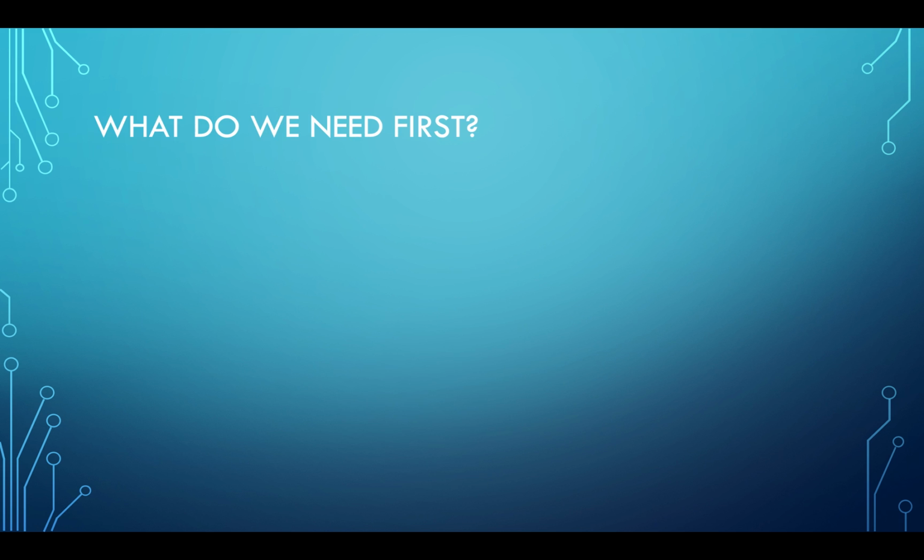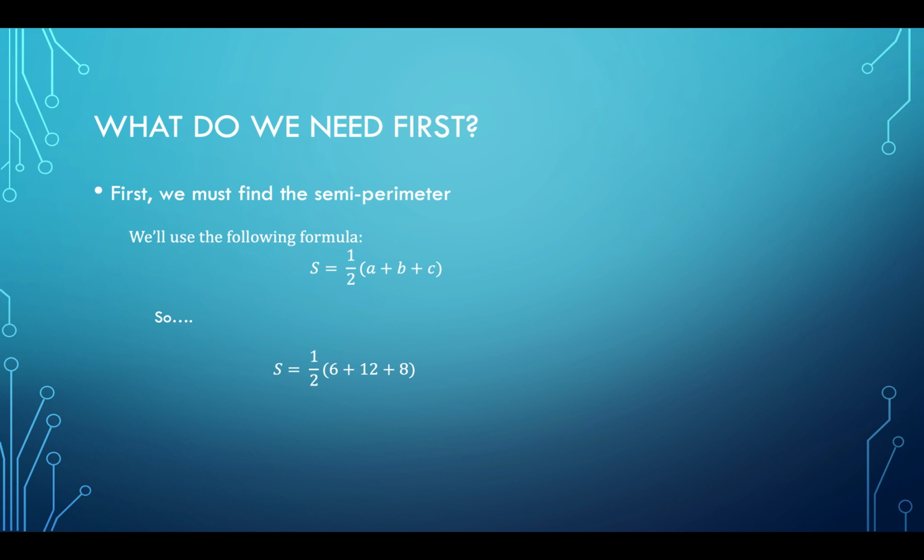What's the first thing we got to do when we're trying to find the area of a triangle like this? First, we have to find the semi-perimeter. Once again, what's that formula? We're going to use this one. S is equal to 1/2 times A plus B plus C. So we're going to do S is equal to 1/2 times 6 plus 12 plus 8, because side A was 6, side B was 12, and side C was 8.